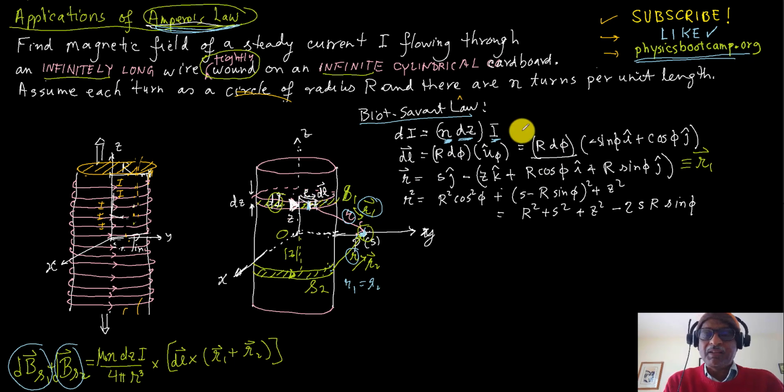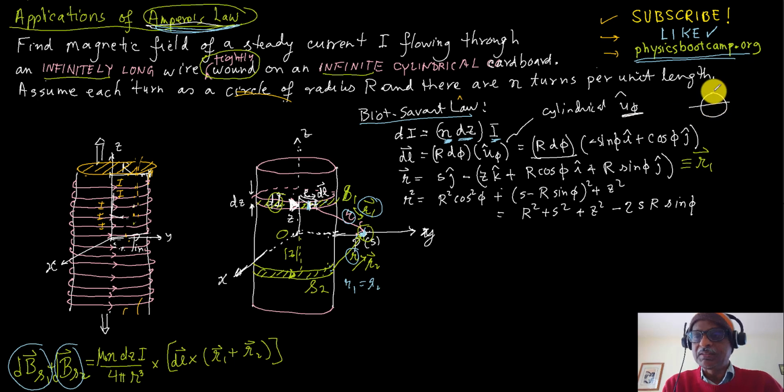So this is the cylindrical unit vector u hat phi in the phi direction. If you go in a circle in the xy plane, the phi direction is that way and u hat r is that way.